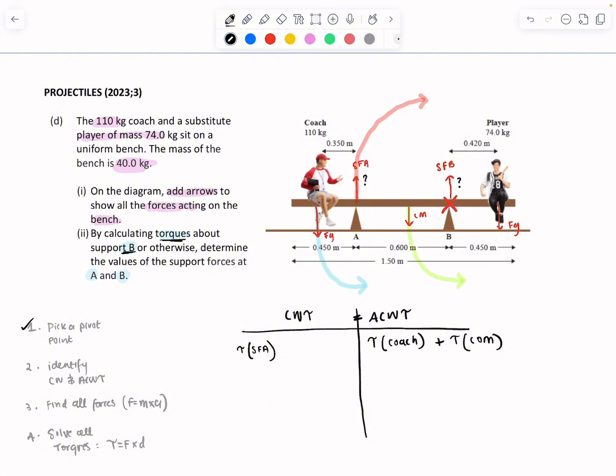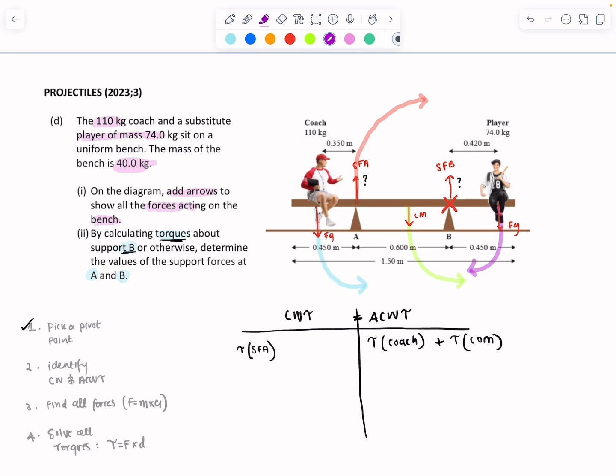Okay, what's something else we have? Our player. So if we follow his force arrow around pivot point B, he would cause this whole side to twist in this direction.